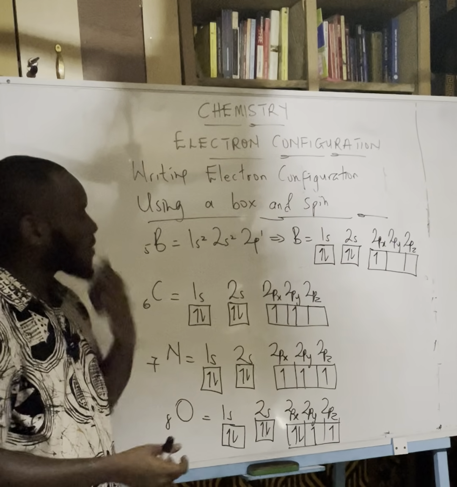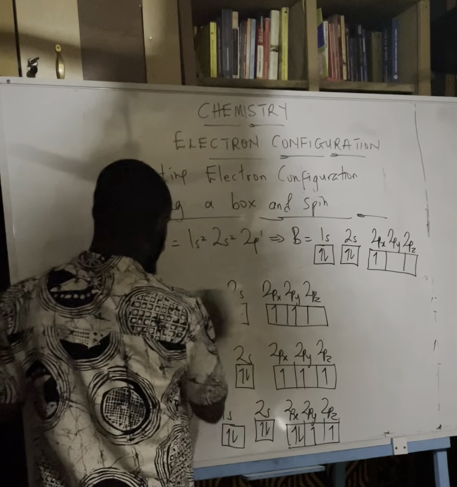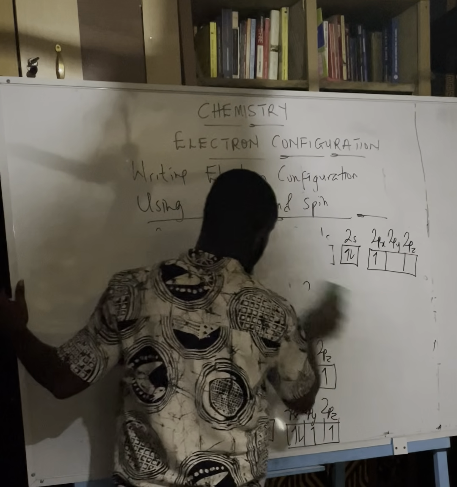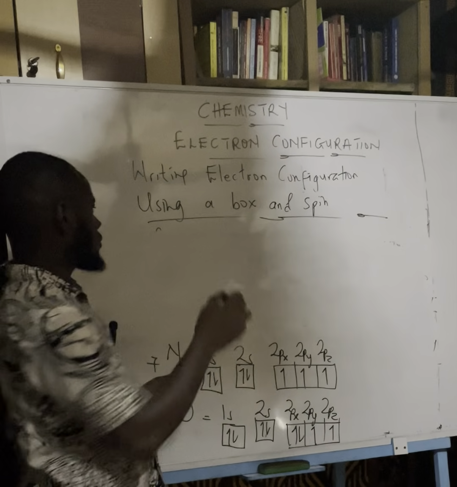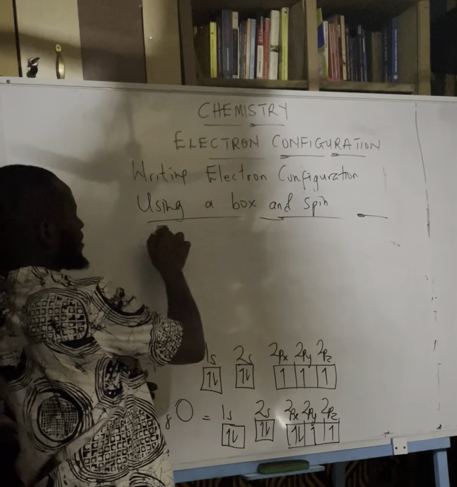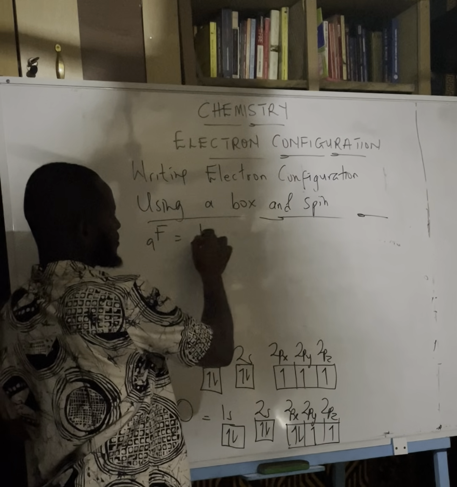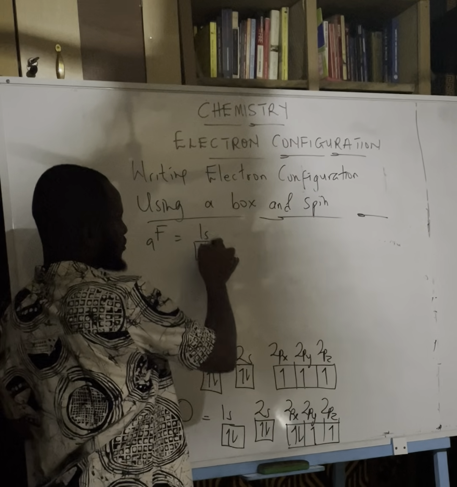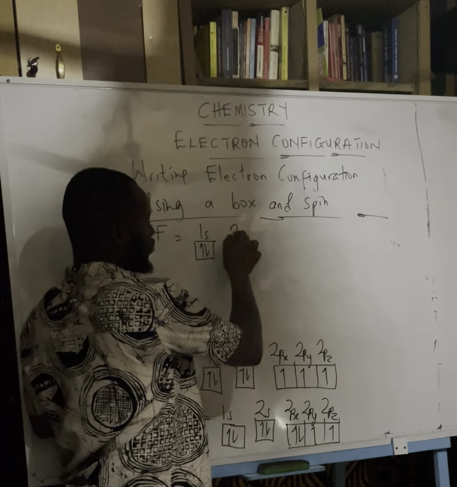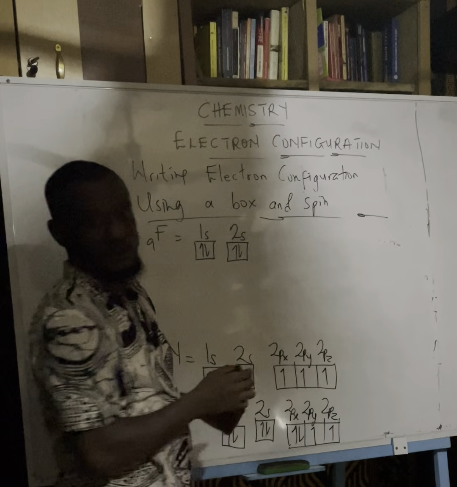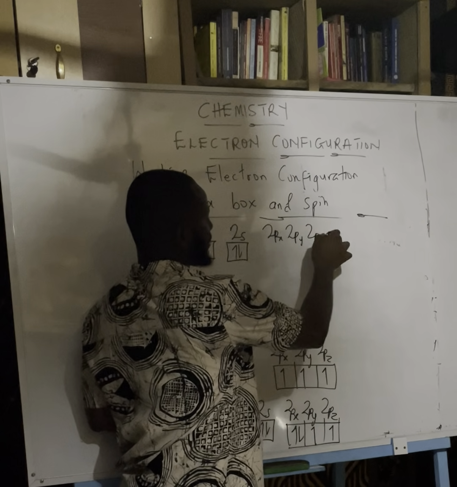So quickly, let's look at fluorine and neon. Fluorine is atomic number 9: 1s2, 2s2, 2px, 2py, and 2pz.